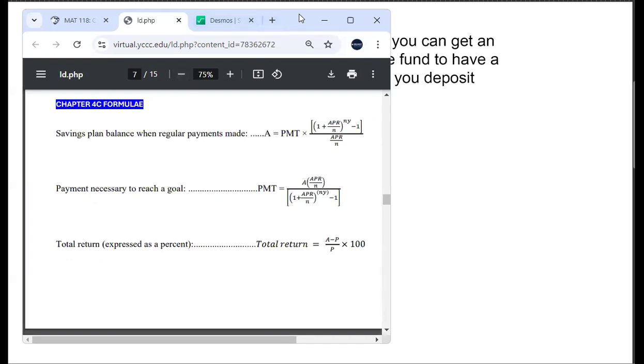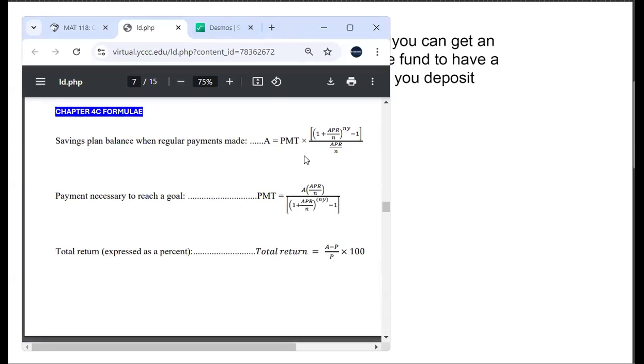So in this problem, we're doing monthly deposits. When you're doing regular deposits, it's a savings plan. So I'm looking at these savings plan formulas from Chapter 4C. This first formula is the savings plan balance when you have regular payments being made. So this is if you know what the payments are and you want to know how much you'll end up with.